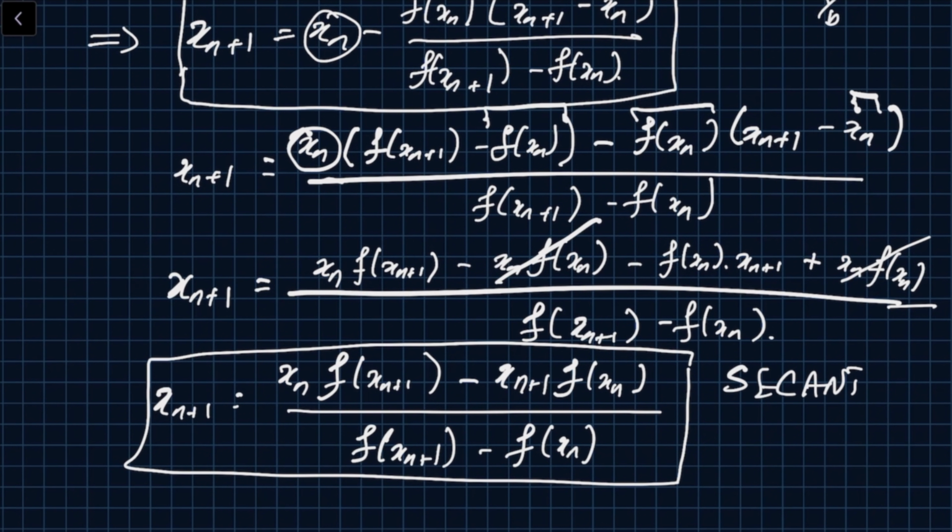And it's actually lovely. If you look at it, it looks nice. What I mean by nice? Well, you've got xn f of xn plus 1 over here, and then you've got the function applied on xn over here. So once on xn plus 1 and once on xn. And in the denominator, you've got the same thing, but without the x's.